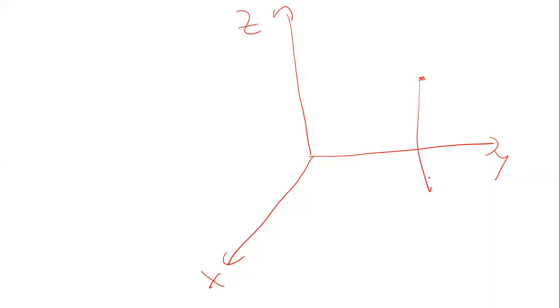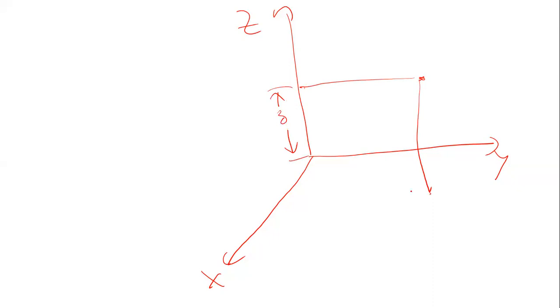In our 3D Cartesian system, which is the x, y, z coordinate system, we can define the location of any point. If you drop a perpendicular on the z axis, this is your z coordinate value.